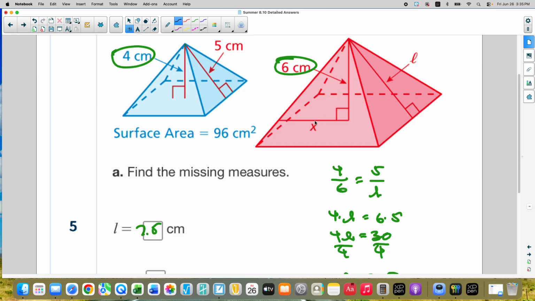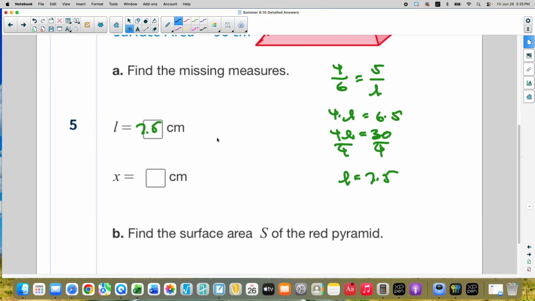That's 6. That's 7.5. Let's try it. Pythagorean theorem. So 6 squared plus x squared, because that's the leg, should equal 7.5 squared.